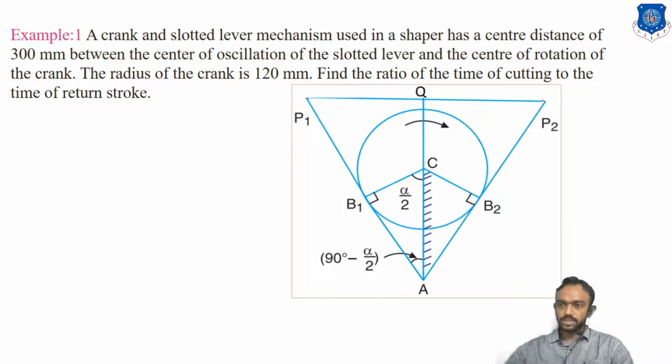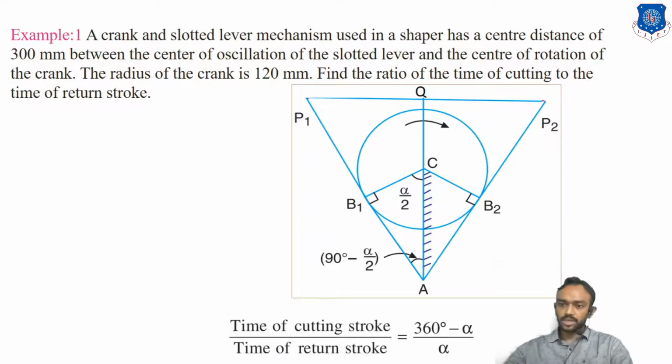As we know this figure, and in all examples of this chapter we have to draw this figure, so we can solve this example. After that we find the alpha from this data. What is given? This is the center distance, so we have the distance between A and C, which is given as 300.